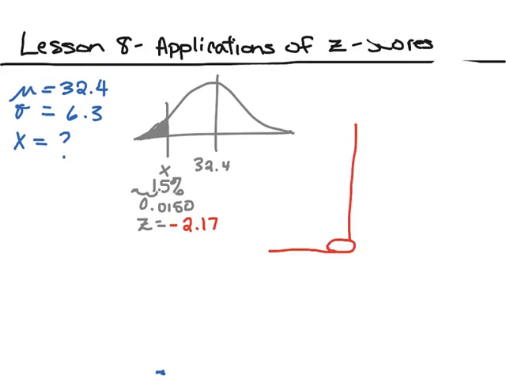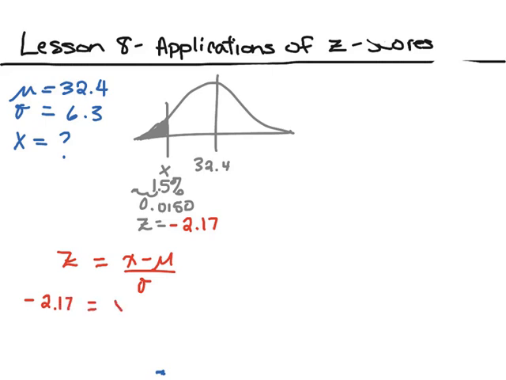So we're going to use that for z to calculate our x value. So write out the formula. z is equal to x minus the mean divided by the standard deviation. Negative 2.17 is equal to x minus 32.4 over 6.3. Now we're going to solve for x.